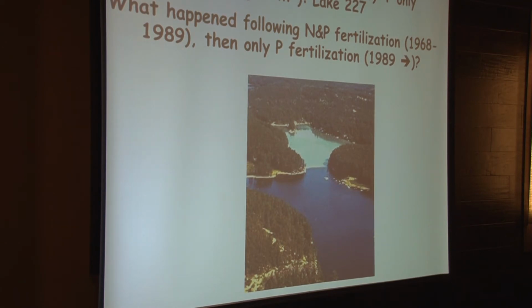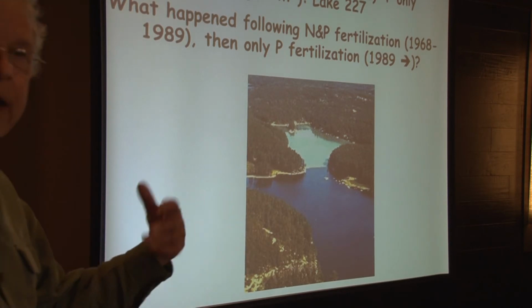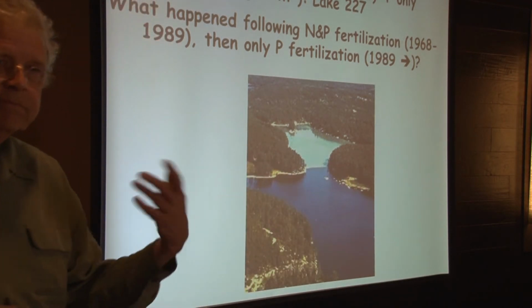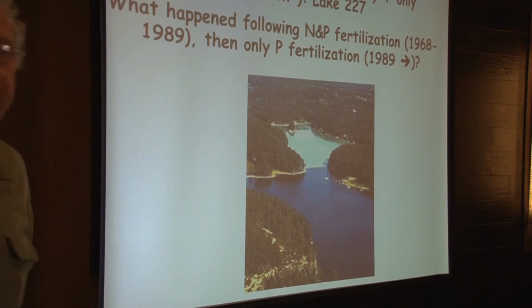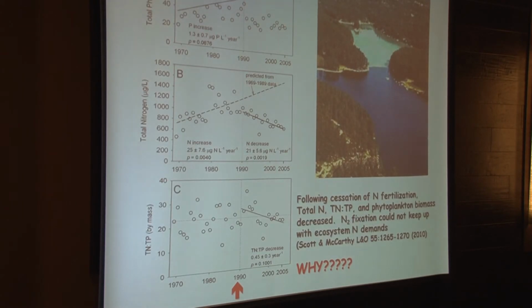What I want to point out is that they actually fertilized with both N and P in this part of the lake from 1968 through 1989, and then they only fertilized with P beyond 1989, with the idea that nitrogen fixation would keep the eutrophication level up and keep the production level up. So this data has been re-examined by Scott and McCarthy, and I'll just walk you through these data sets. So this line in here is when they changed course.